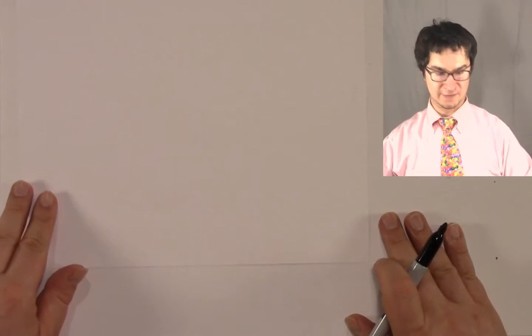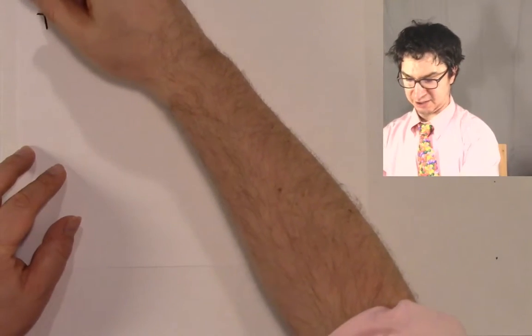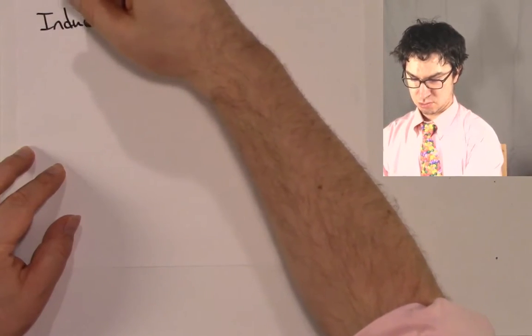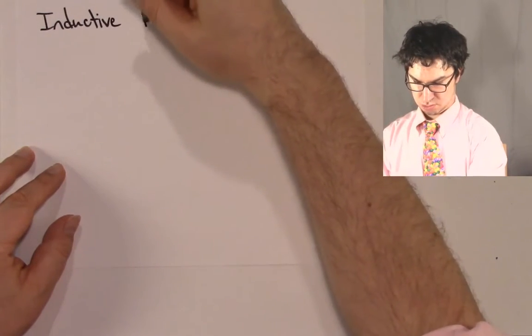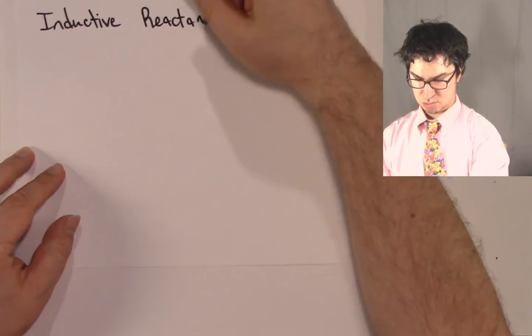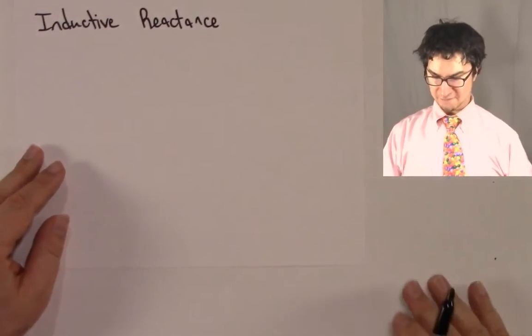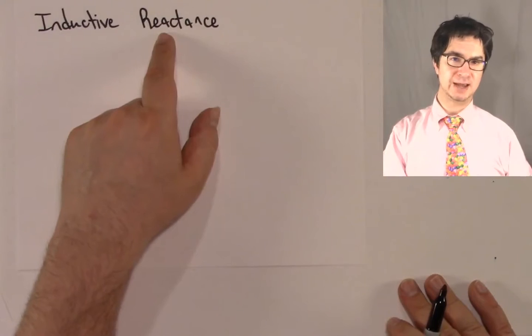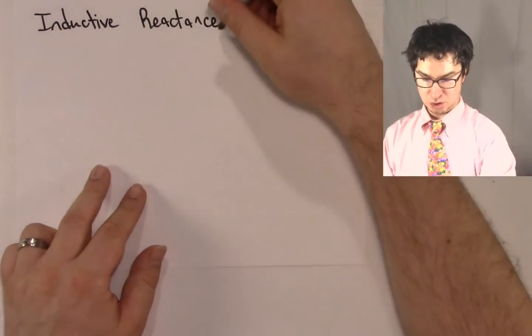We're going to have here what's known as an inductive reactance. Now you have probably figured out that the symbol for reactance is X, right?